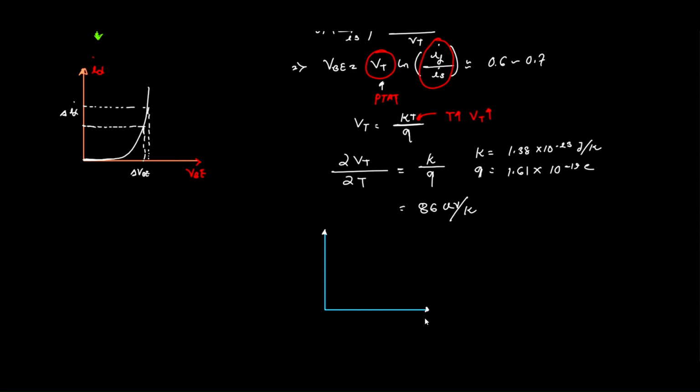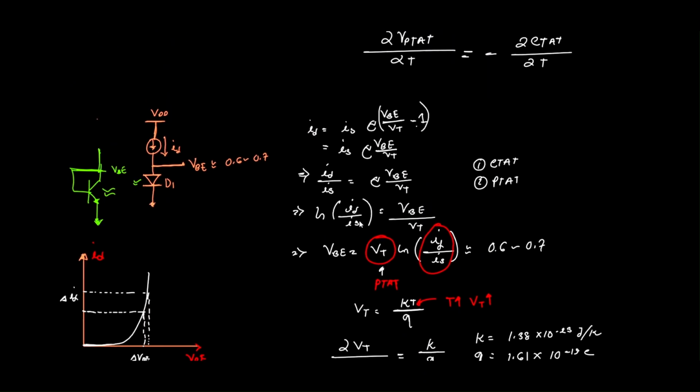This one is the PTAT, which comes from the thermal voltage, and the slope is 86 microvolt per Kelvin.